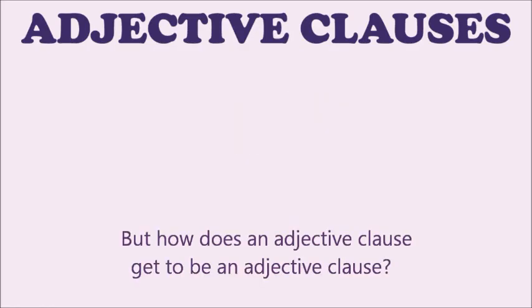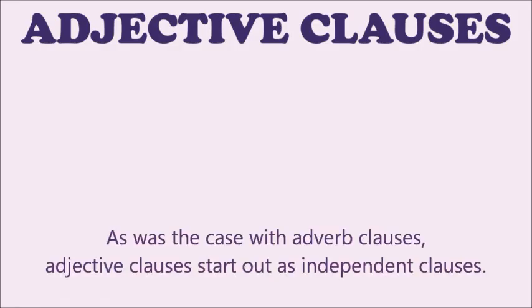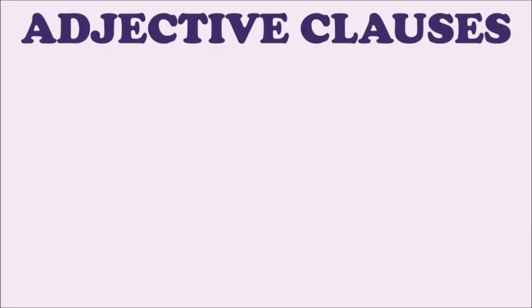But how does an adjective clause get to be an adjective clause? As was the case with adverb clauses, adjective clauses start out as independent clauses. Let's return to our first example.